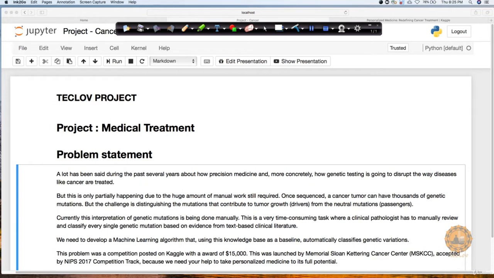In this problem statement, a lot of manual effort was happening earlier and they wanted to replace it with machine learning automation. And we will learn how to do it, and we will take it step by step.